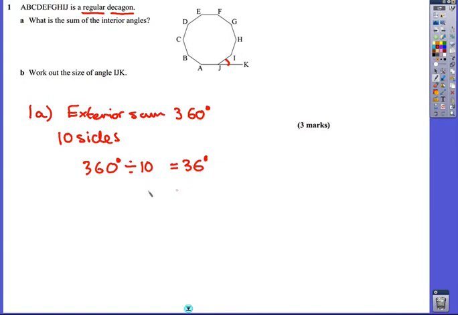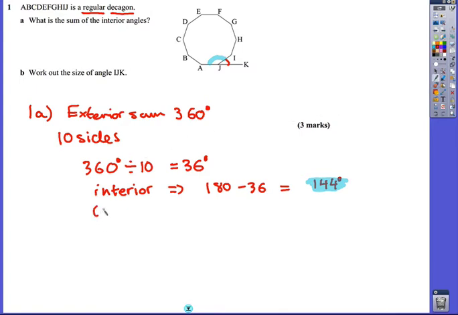To work out the interior angle, all we have to do is 180 take away 36. Interior is 180 take away 36, which is 144 degrees. So this interior angle here is just 144 degrees.